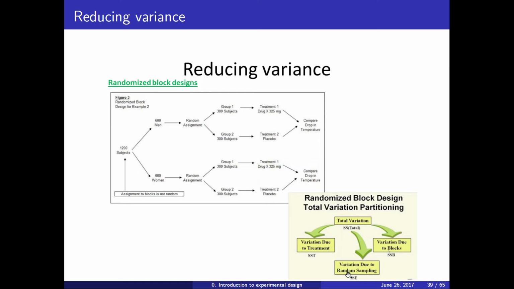When you want to show that the treatment is useful, you have to compare the variance of the treatment to the variance of the unexplained part of your experiment. So the more variance you take away from the total variation by explaining it by blocks, the better for this comparison.